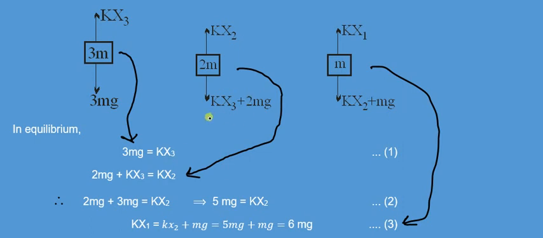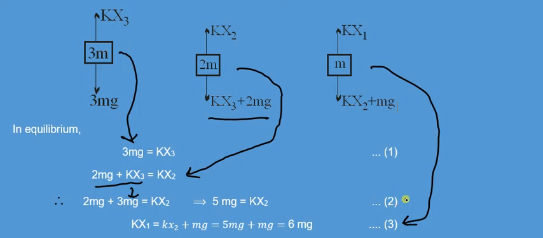For this, kx3 plus 2mg is equal to kx2. Substitute the value of kx3 from equation 1 in this equation. You get 3mg, the value of kx3, plus 2mg is equal to kx2. So 5mg will be equal to kx2.